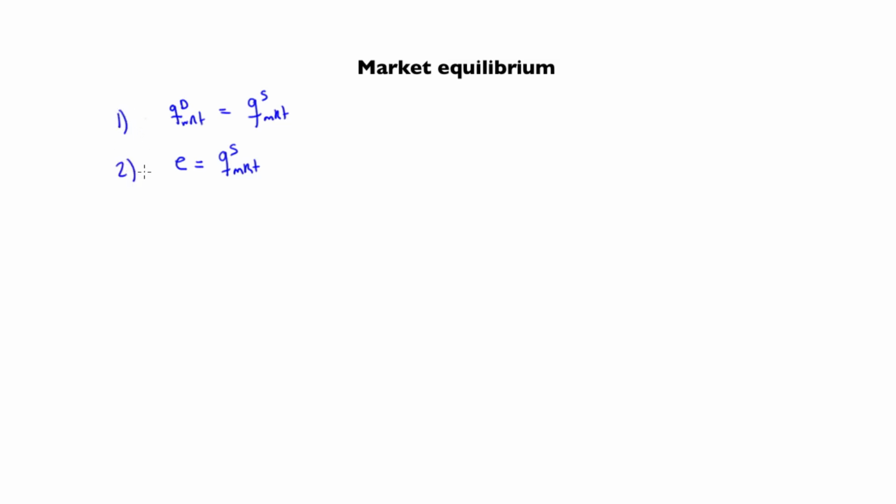Okay? Now let's work with the second equation first. We have derived before that the market supply as a function of P is equal to P minus E. But since in equilibrium E has to be equal to the Q of the market, doing the algebra, you just substitute, the quantity supplied by the market is just P divided by 2.